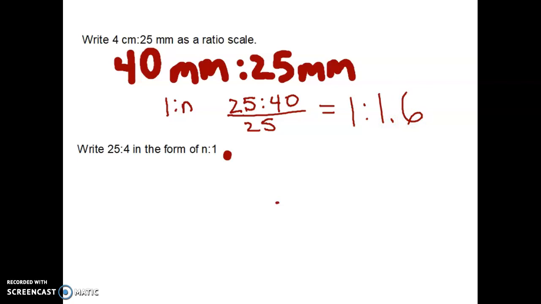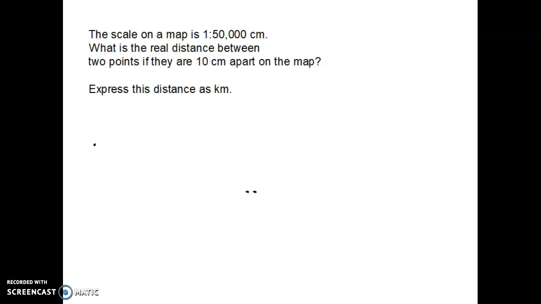Next one, we're going to write 25 to 4 in the form of n to 1. So all we do is divide both sides by 4. 6.25 to 1. The scale on a map is 1 to 50,000 centimeters. What is the real distance between 2 points if they are 10 centimeters apart? Okay, I'm going to set this up with map in real life.